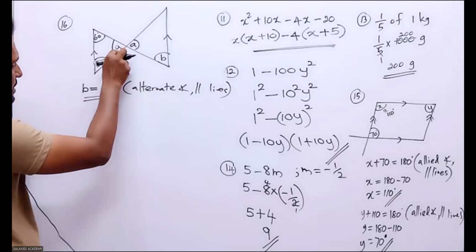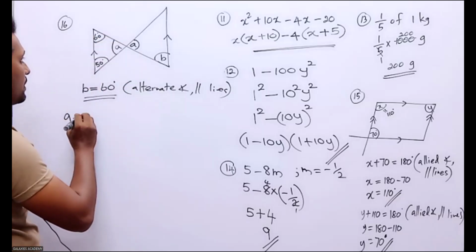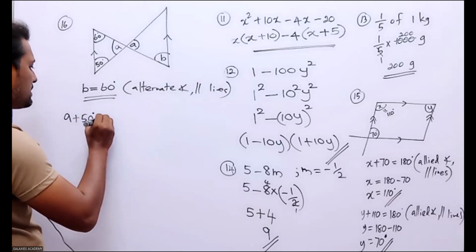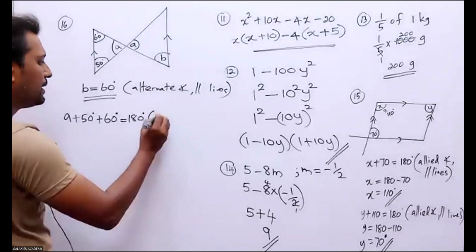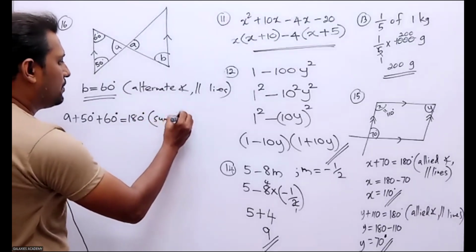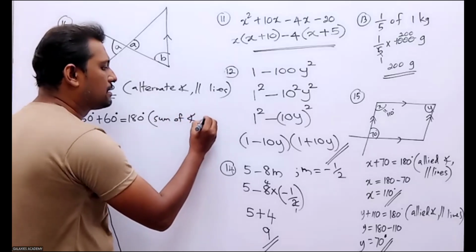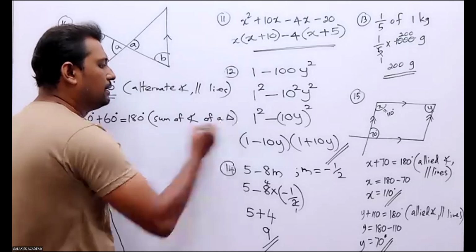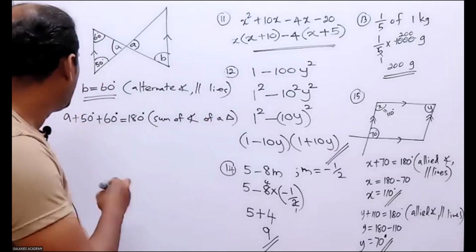So I will write the sum of these three angles, A plus 50 plus 60 equals 180 degrees, sum of angles of a triangle, right? You can use these symbols. Then you can simplify.